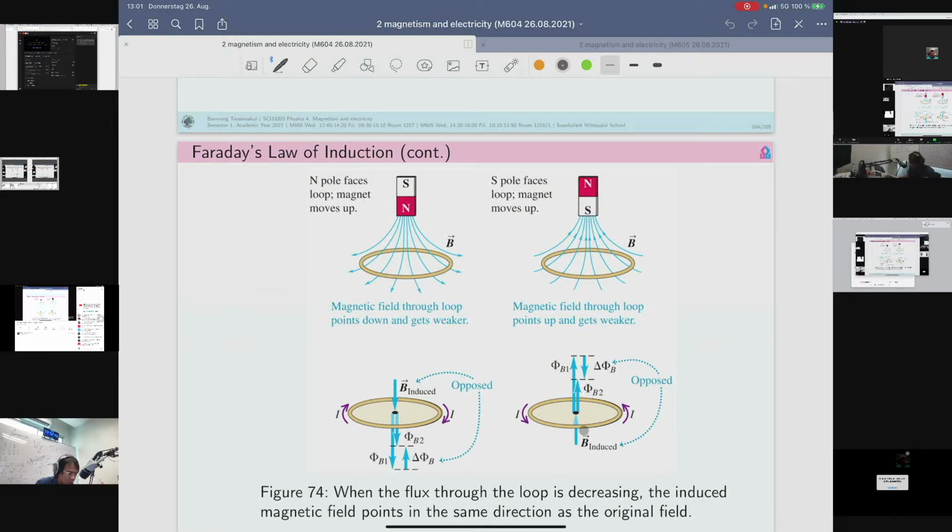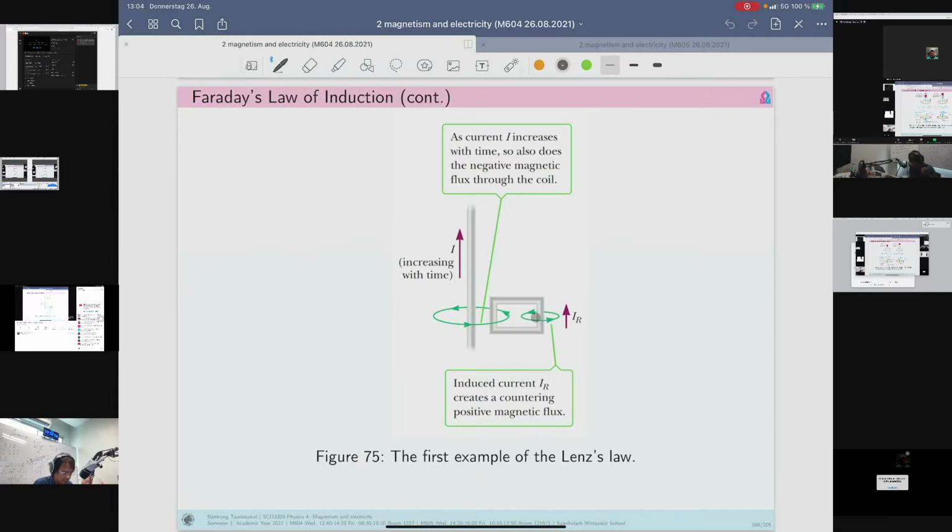That's what we could expect again, even in a different situation. We don't have a permanent magnet, but we just use the principle of the induced current.